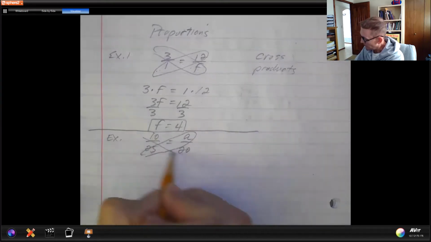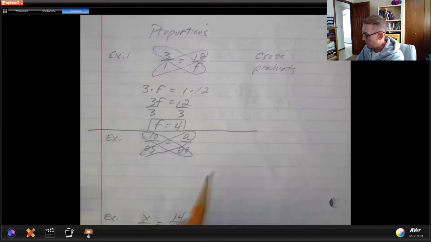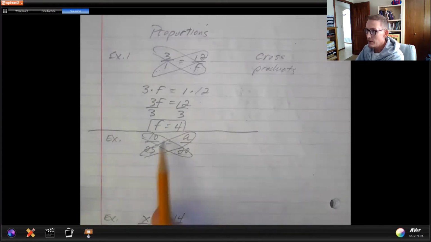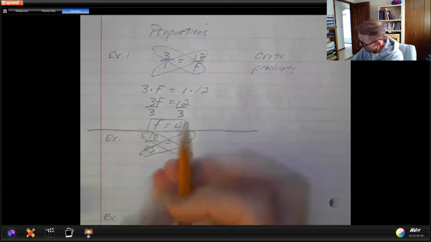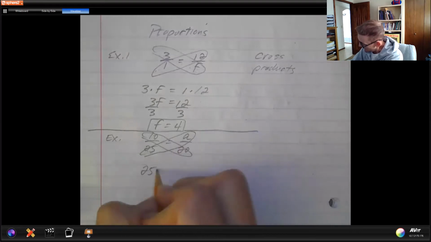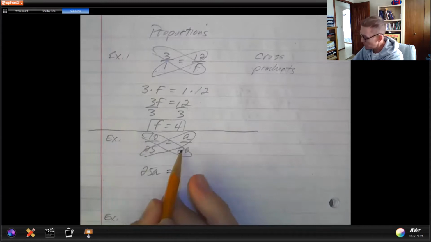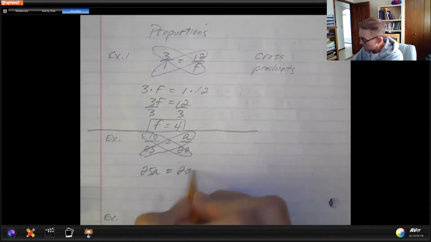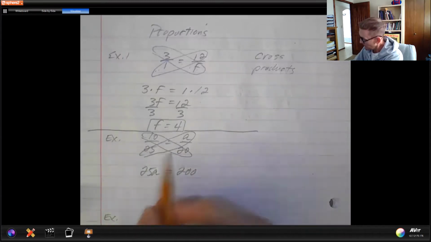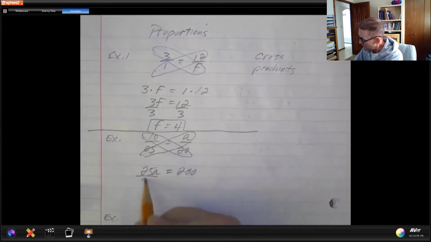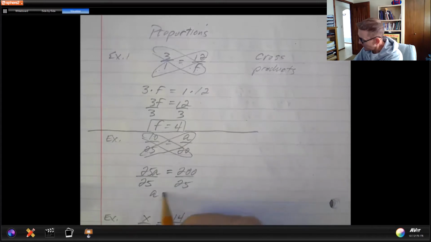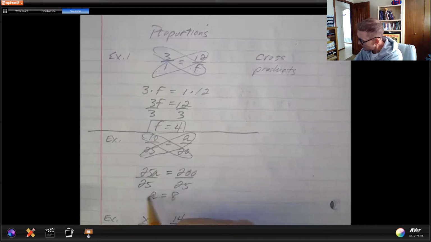One loop here, one loop here, and I'm going to multiply 25 times a, so that's 25a, equals 10 times 20, so that's 200. And now let's solve for a. So I'll get rid of the 25 by dividing by 25. And a equals 8.